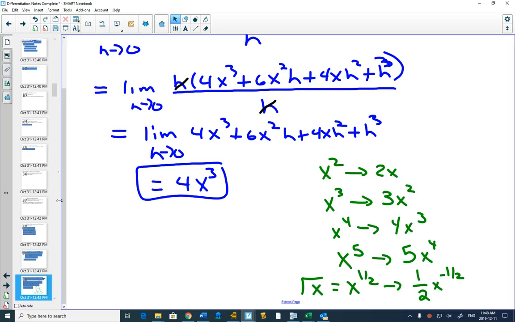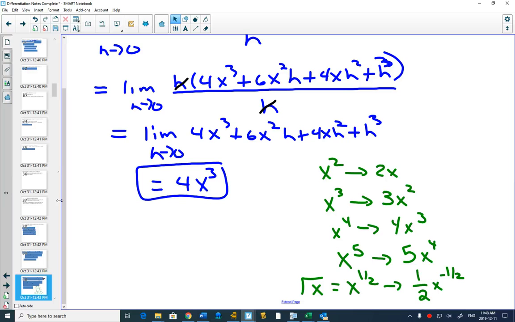So mathematicians, and once you get to university, your university will actually get you to try to prove this. Saying, start with x to the n. Use your definition with x to the n, and prove that your answer is going to become n x to the n minus 1.